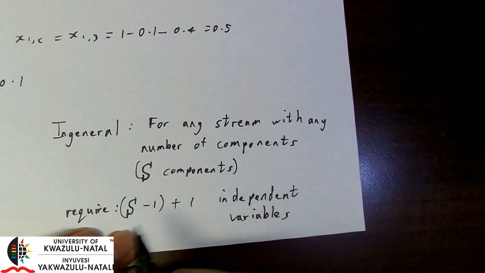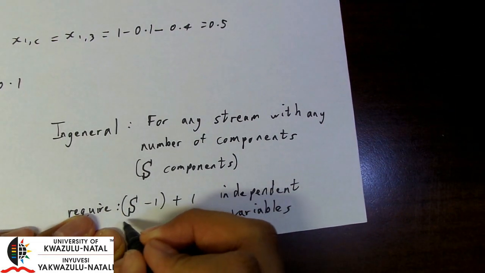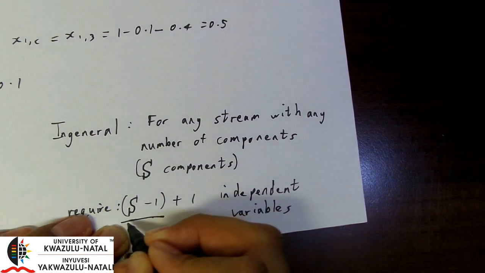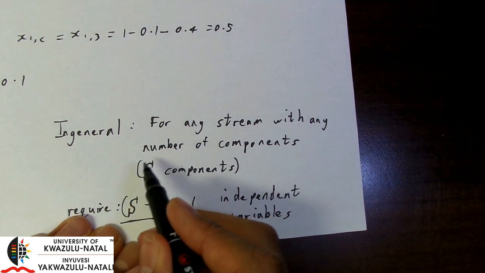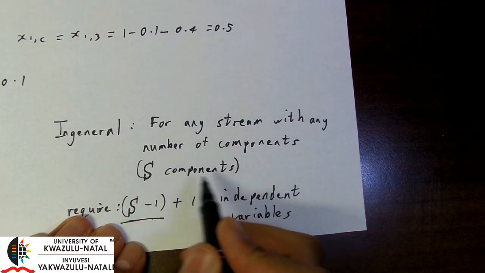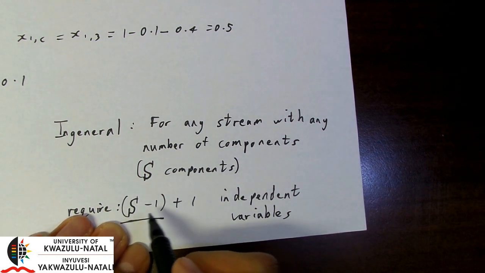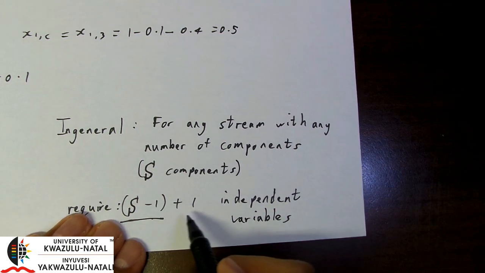Okay, and let's look at this S minus 1 plus 1. So this refers to the number of components or number of compositions that we need. So if we have S number of components, let's say for example 6 components, we will need 5 compositions and 1 flow. Okay, so this plus 1 is a flow.